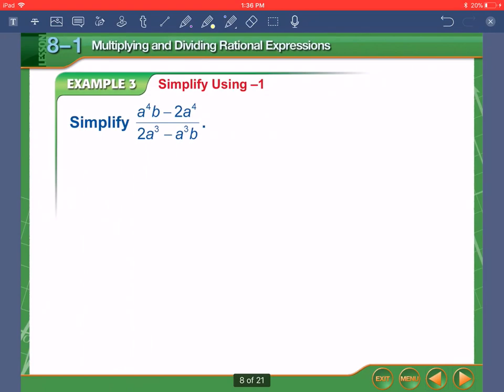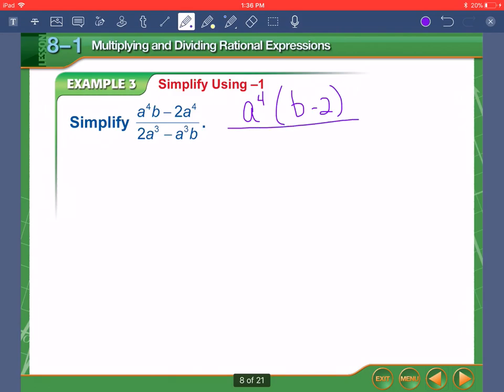Okay, we're going to simplify (a to the fourth b minus 2a to the fourth) over (2a cubed minus a cubed b). So I'm going to factor. In my numerator, I can factor out an a to the fourth power, and I'm left with b minus 2.